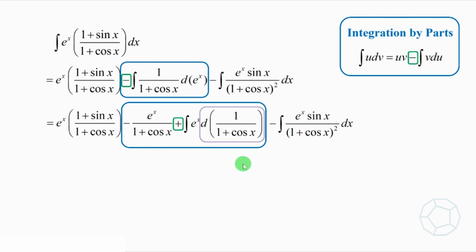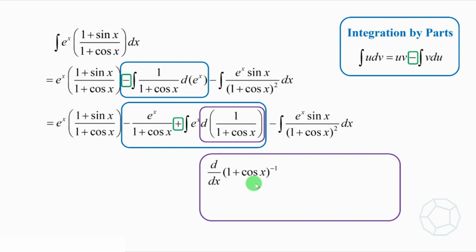Now, we have to differentiate 1 over 1 plus cosine x. This one is relatively easier. Let's write it as 1 plus cosine x to the power of negative 1. Using the chain rule, we have negative bracket 1 plus cosine x to the power of negative 2 times bracket negative sine x.